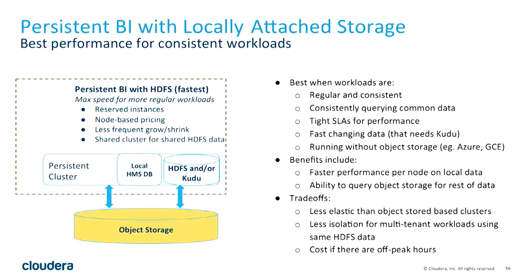So this ends up giving you less elasticity than running against object storage, because if I'm growing and shrinking nodes within this cluster, it has implications for the data that runs locally within that cluster. This gives you less isolation, so the data that exists in that local storage would not be available to other clusters.